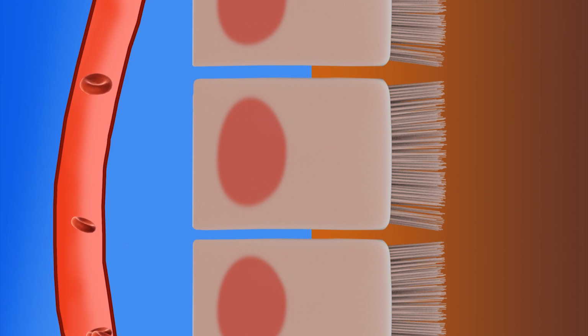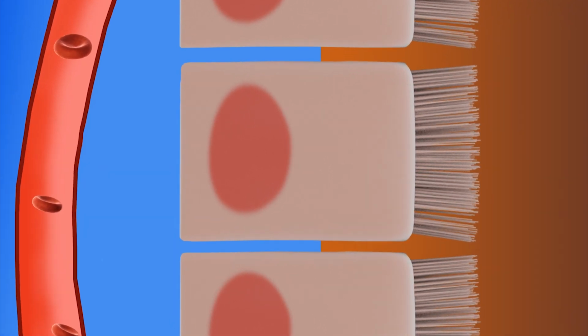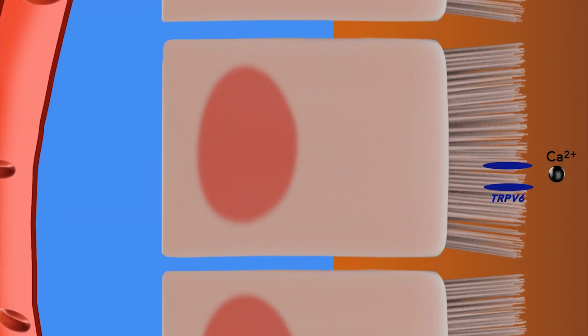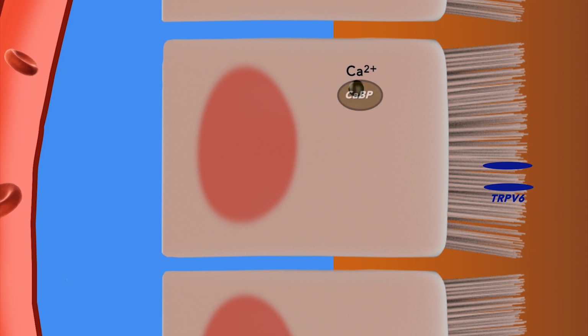Calcium enters the enterocyte from the intestinal lumen by selective channels TRPV6 in the apical membrane through a passive diffusion process. Calcium moves down its electrochemical gradient by passive transport due to the low calcium concentration in the cytoplasm and to the attraction by negative charges located inside the plasma membrane.